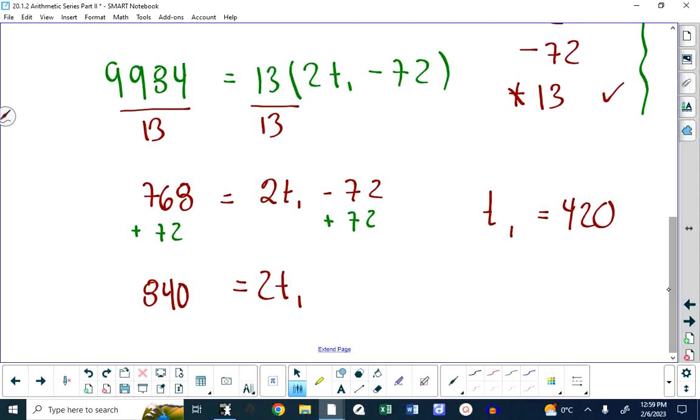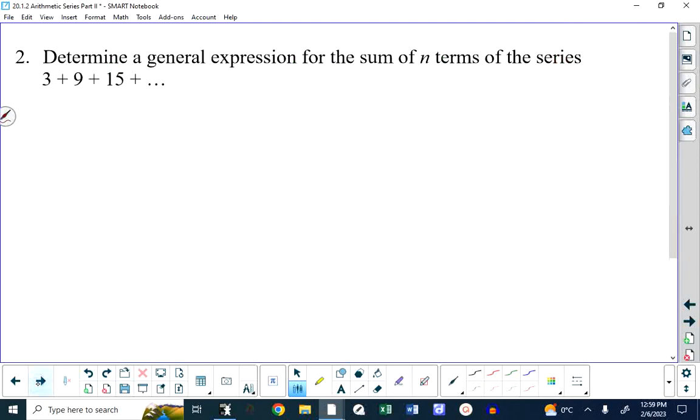The bottom line is this equation at the top of the screen in green is something that I would expect that you can rearrange and solve for T1. Determine a general expression for the sum of n terms in this series. This is exactly the same as part C in the last example of the lesson that we finished off today. You know the first term is 3.